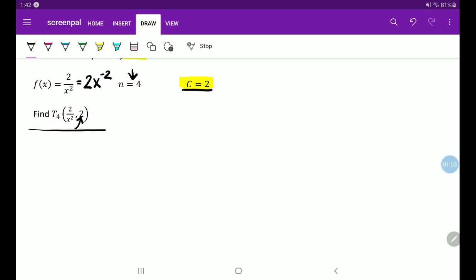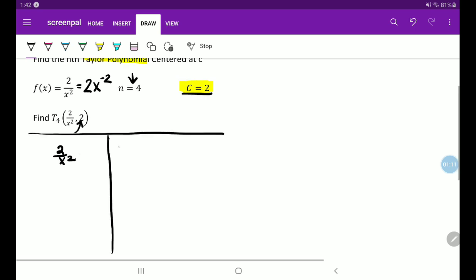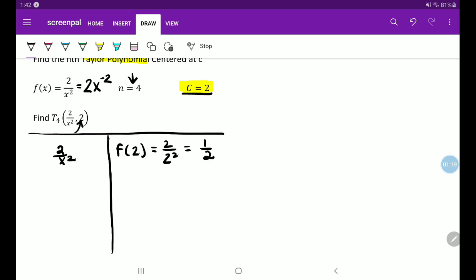Let's start like we did for the Maclaurin, which is we have our function, and let's evaluate that where we are centered. So we're going to get 1/2. Now we're going to need to know what our first derivative is and evaluate that at our center of 2 instead of the 0 that we did with the Maclaurin.